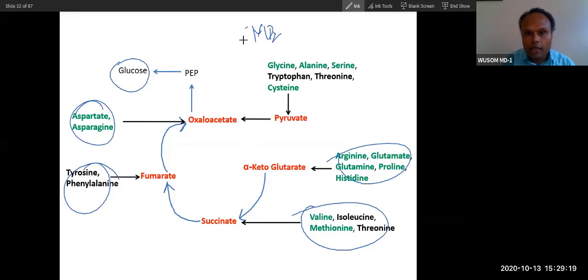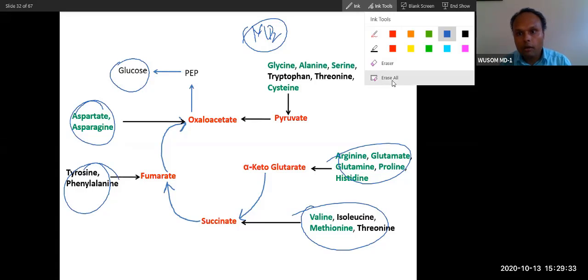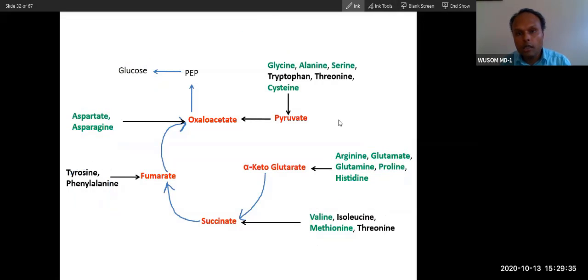For the timing, just remember that during fasting condition the purpose of the Kreb cycle changes. In fed condition, the Kreb cycle is for breaking the glucose. In fasting condition, it is for forming the glucose.